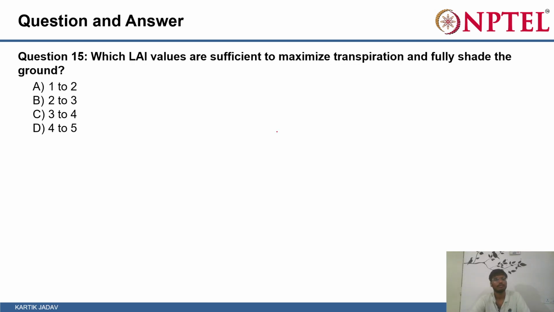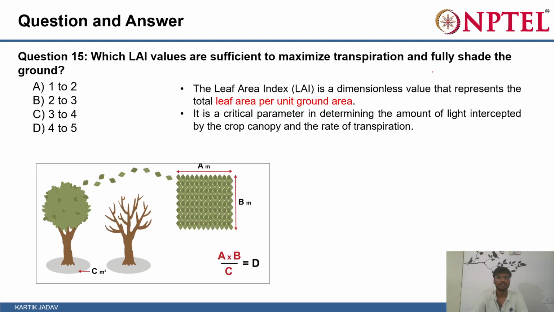Next question: which leaf area index values are sufficient to maximize transpiration and fully shade the ground? Leaf area index is a dimensionless number and represents the total leaf area per unit ground area.